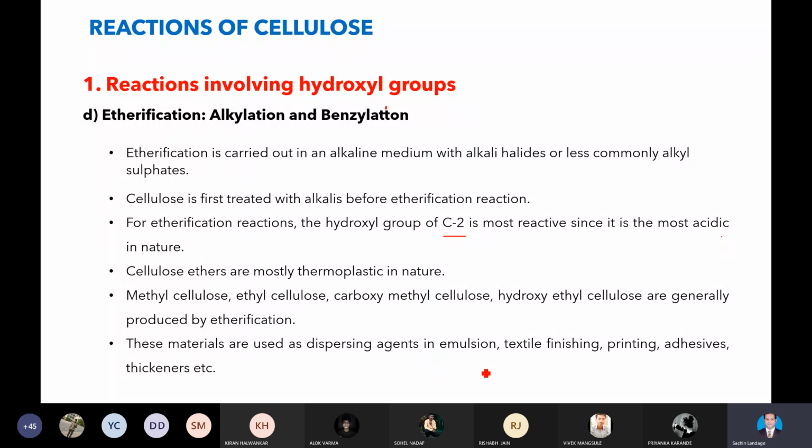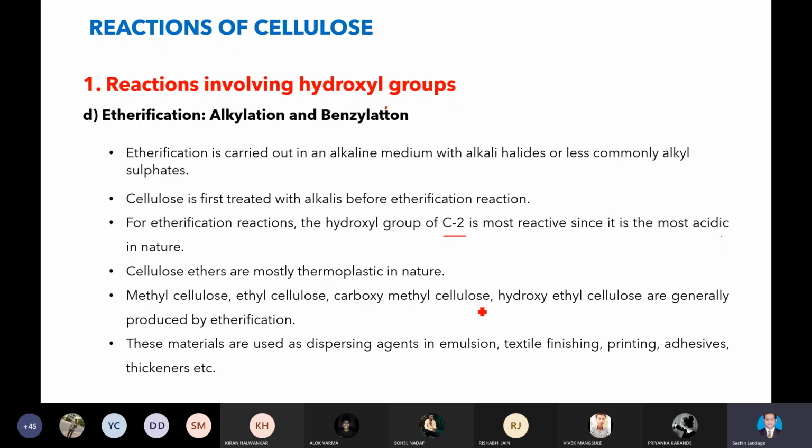That is CMC, and it is edible, so that we get a very thick custard because of the carboxymethyl cellulose. CMC is a slightly creamish powder, and it is water soluble.